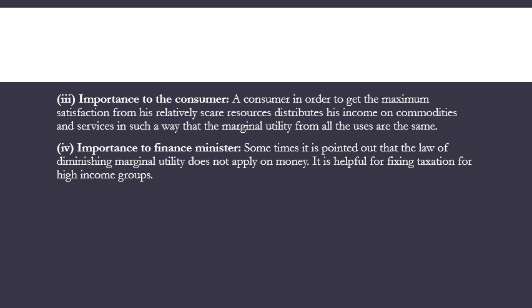A rich person who has a salary of 1 lakh rupees per month, for him 10 rupees is nothing. He won't have much utility for this 10 rupees. But in the case of a person who is earning 1000 rupees per month, for him 10 rupees is such a great amount and he has more utility for this 10 rupees.